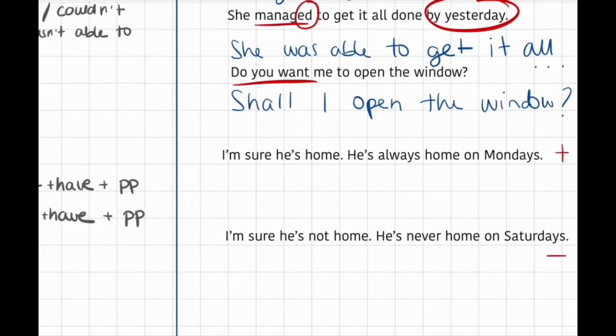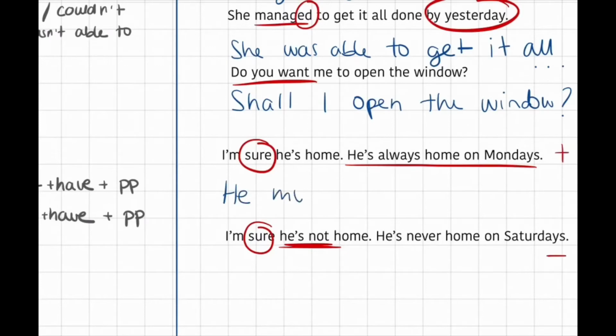So, in the first one, I'm sure he's home. This person is giving a reason why he or she is sure. That is that he's always home on Mondays. The same happens in the second one, but it's negative, okay? For the first one, it would be he must be home.